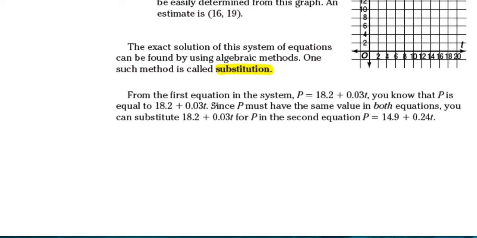From the first equation, P equals 18.2 plus 0.03T, you know that P is equal to 18.2 plus 0.03T. Since P must have the same value in both equations, you can substitute 18.2 plus 0.03T for P in the second equation, P equals 14.9 plus 0.24T.